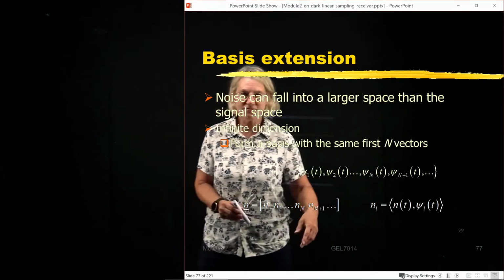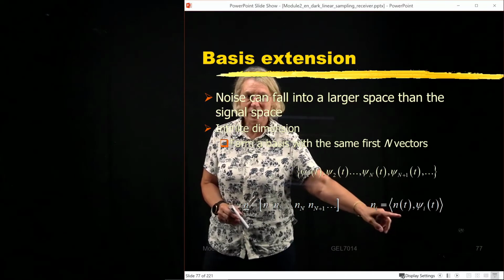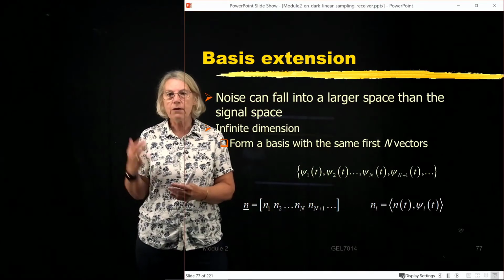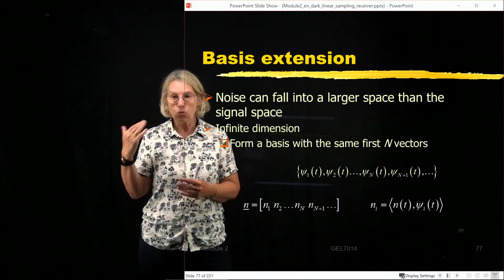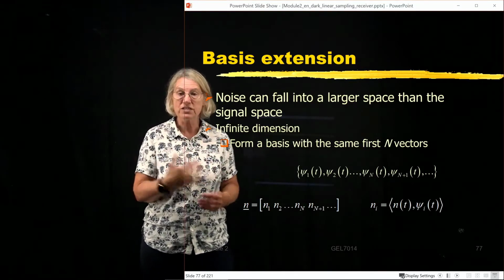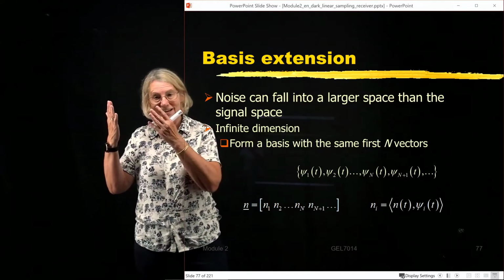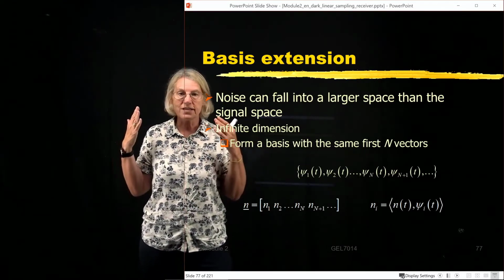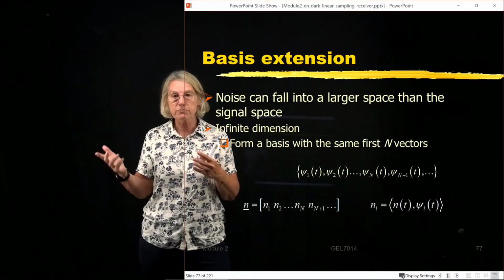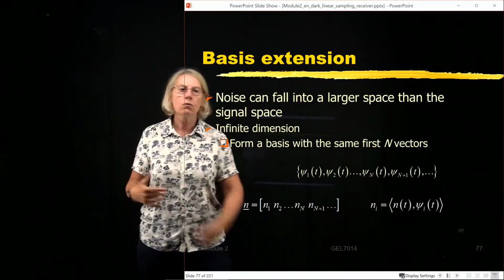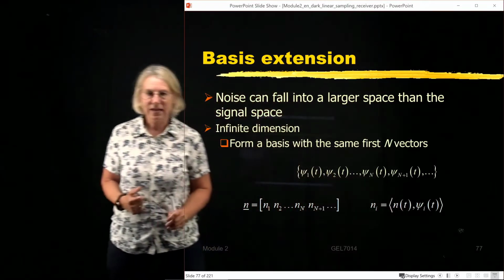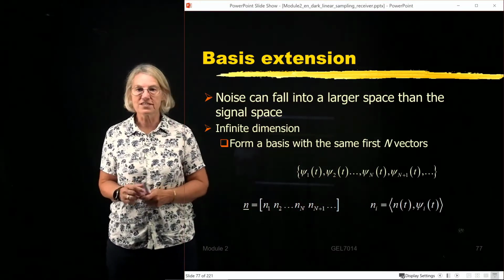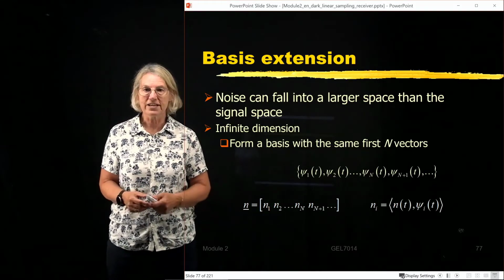Well, if I have n(t) as the noise contribution in the received signal, then I just project this noise onto each one of the basis vectors. I take the inner product of that random process, which is a time-varying signal, the integral from 0 to T of that noise with each one of the basis vectors. That gives me a number after I do the integration, and those are the coefficients inside of this vector representation of the noise.